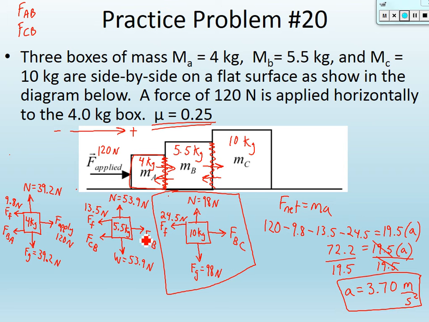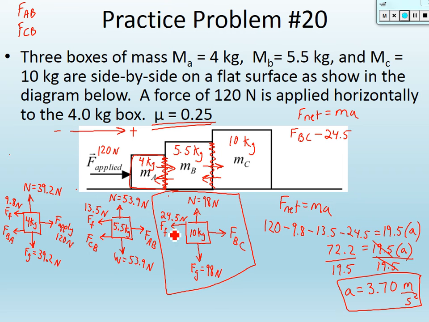I hope that you followed through there, but let's go ahead and do this. Let's do Newton's second law on this block specifically. So force net is equal to ma. The net force on this block, I'm going to call everything to the right positive, so that's the force that B puts on C. And let's subtract off everything that was negative, which was the friction here, 24.5.